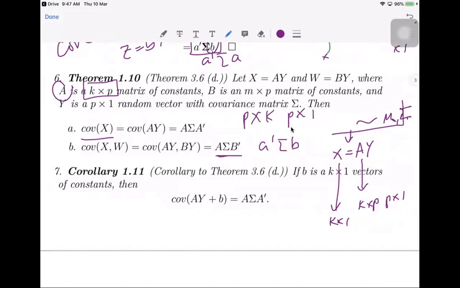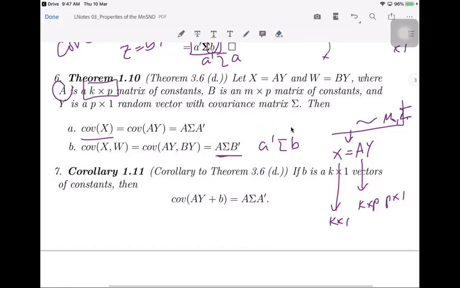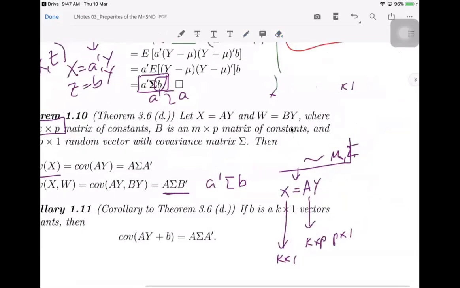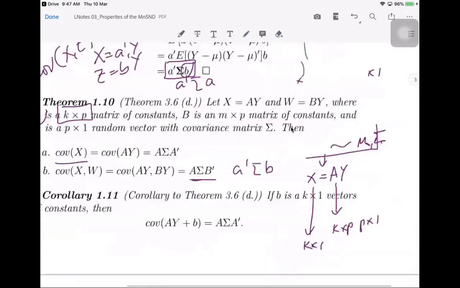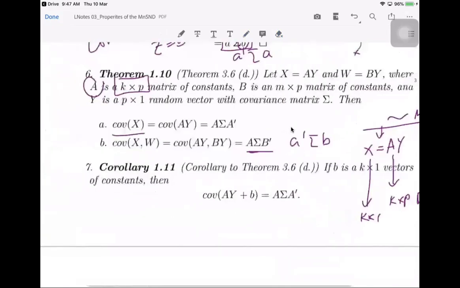So it is no longer conformable. But actually, the result is the same. It is just that for the vector we used A prime here. Do you understand? Yes, ma'am. Okay.